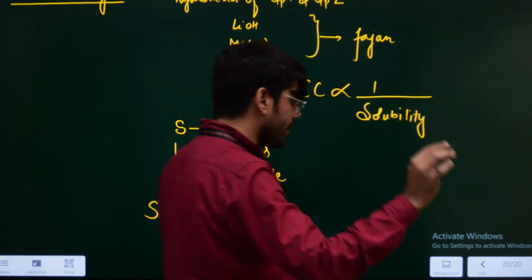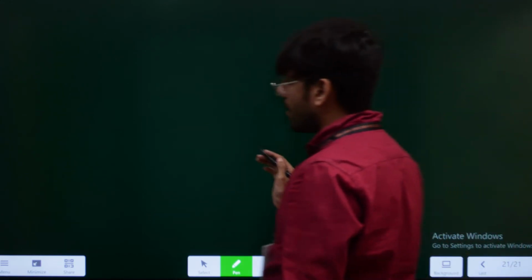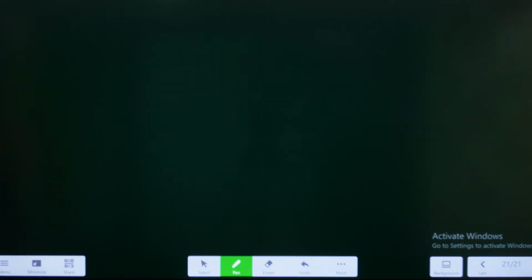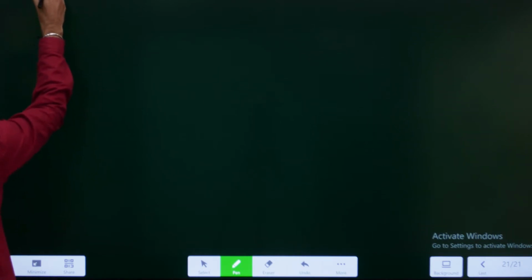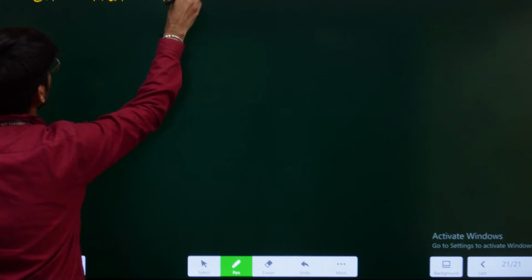Now let me give you a question based on this. Write it down. Solubility: suppose I give you LiF, NaF, KF, very quickly.